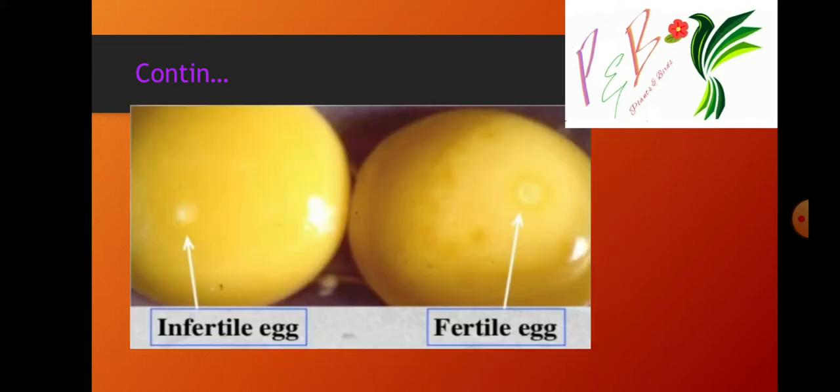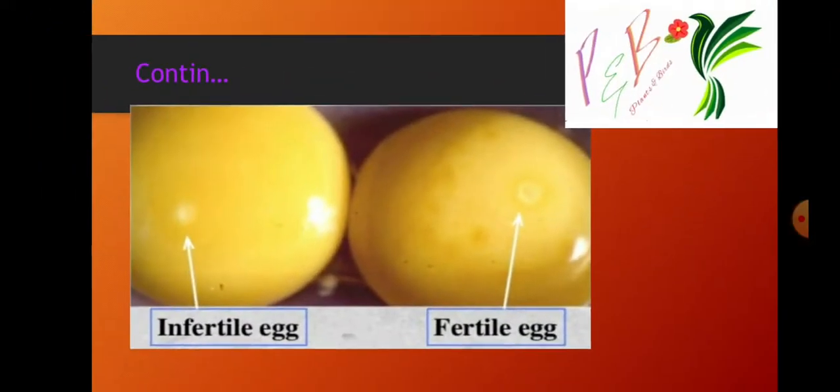No white formation can be seen, and we can clearly differentiate. The blastoderm is larger than the blastodisc: it is 4.5 mm, versus 3.5 mm.